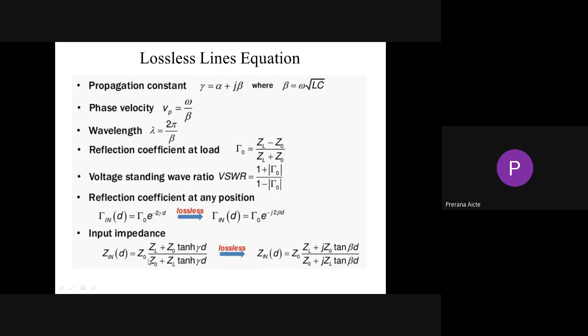Similarly for the input impedance. These definitions are only for the lossless case. So I can write this down.